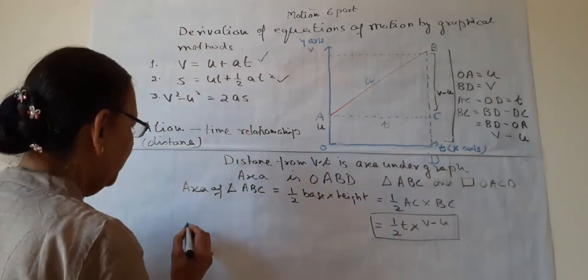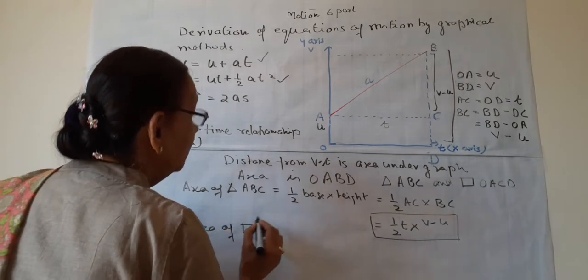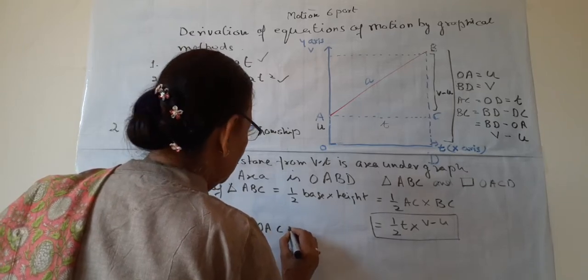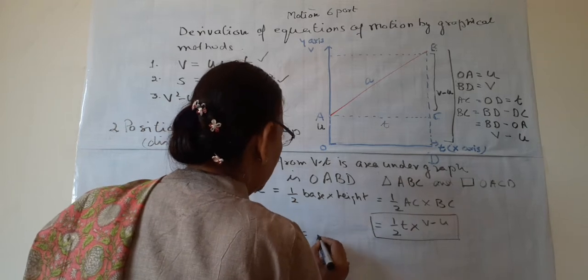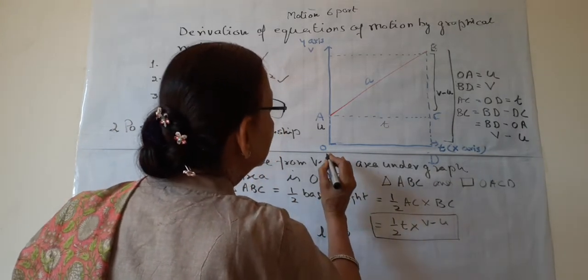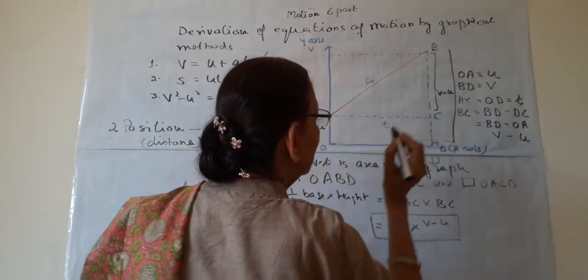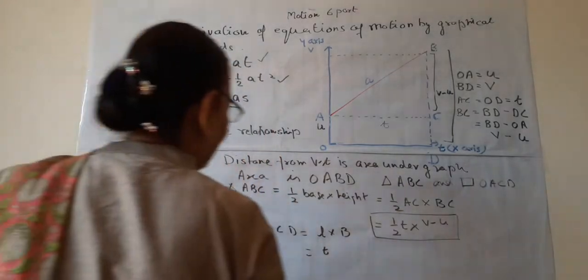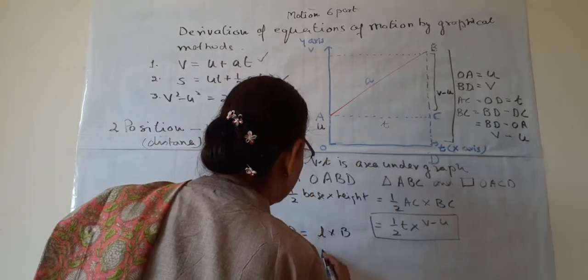Now we will calculate the area of the rectangle. Rectangle is OACD. Area of rectangle is length into breadth. Instead of T, we should write OD.